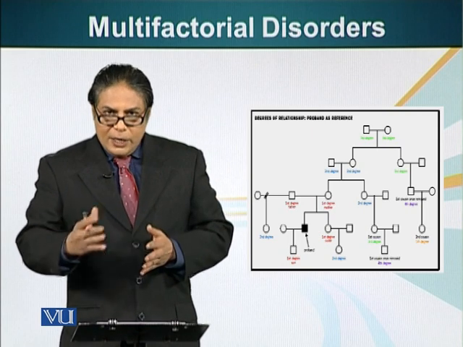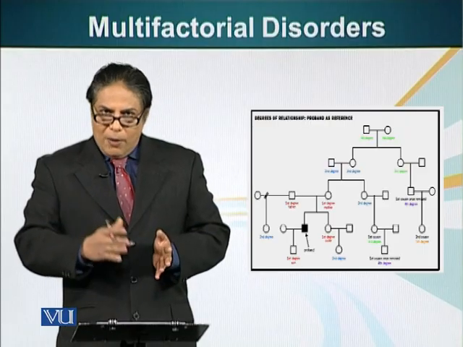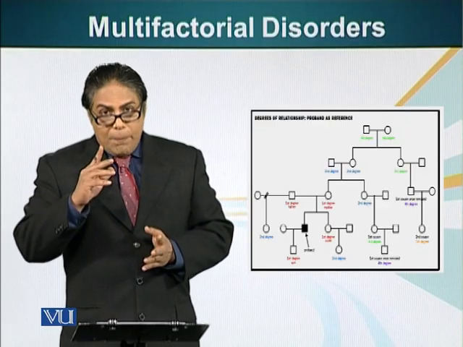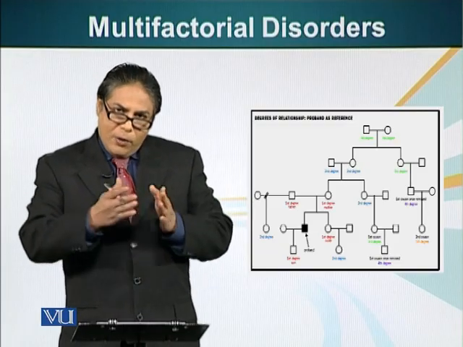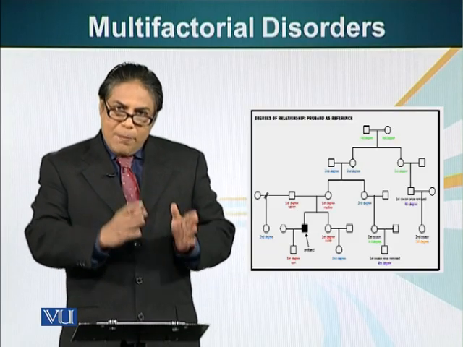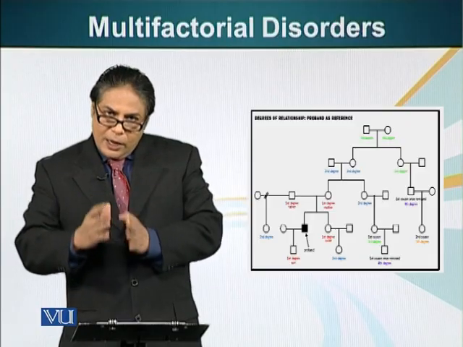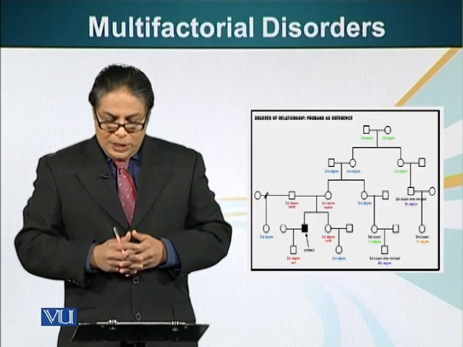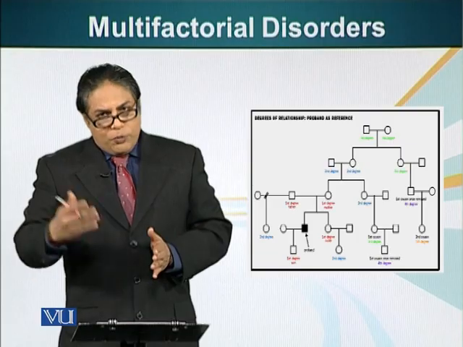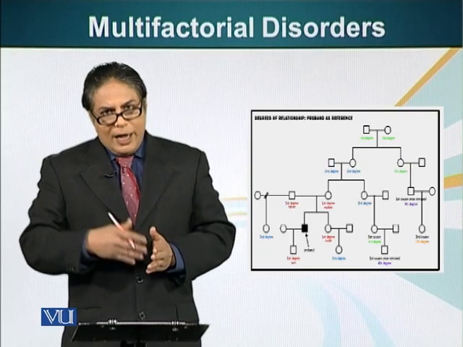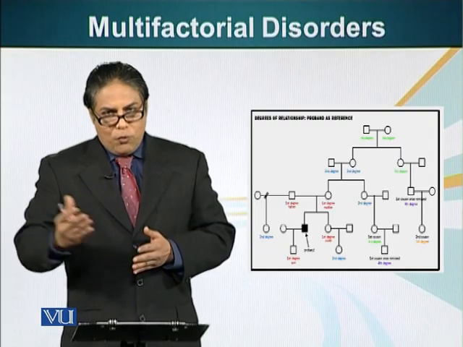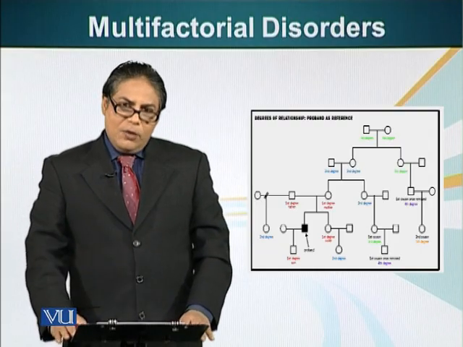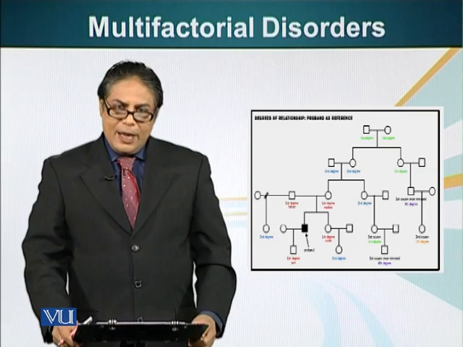That category would include our grandparents, our aunts and uncles, our blood aunt and uncle. So, not an aunt or uncle by virtue of marriage, but an aunt and uncle by virtue of blood relationship. Third degree relatives are the ones who will have 12.5% genes in common with us, and so on and so forth. Next, we will look at the cytogenetic disorders in the next module.